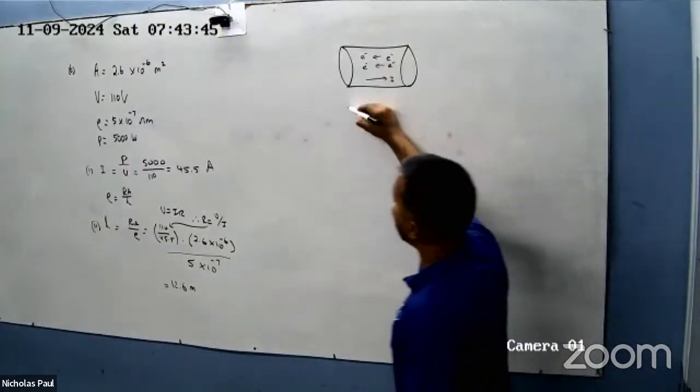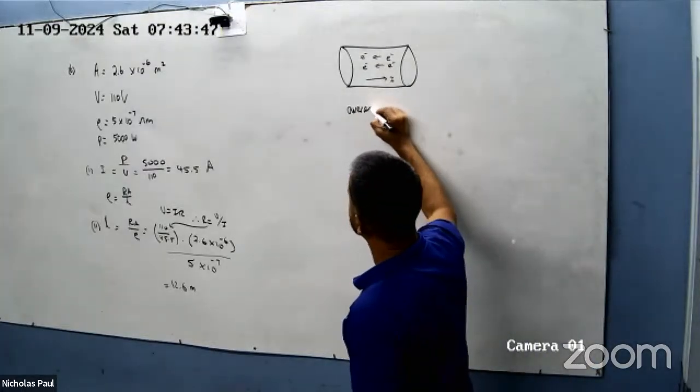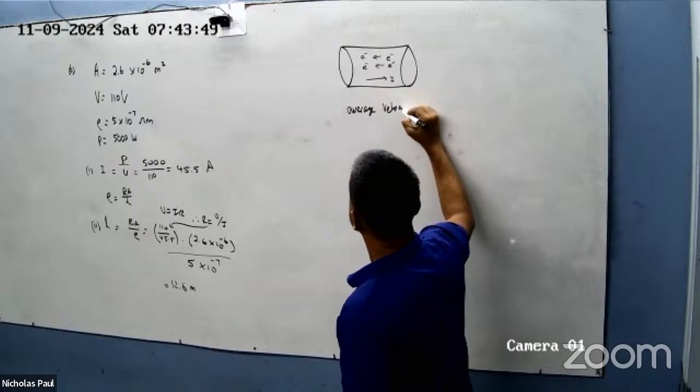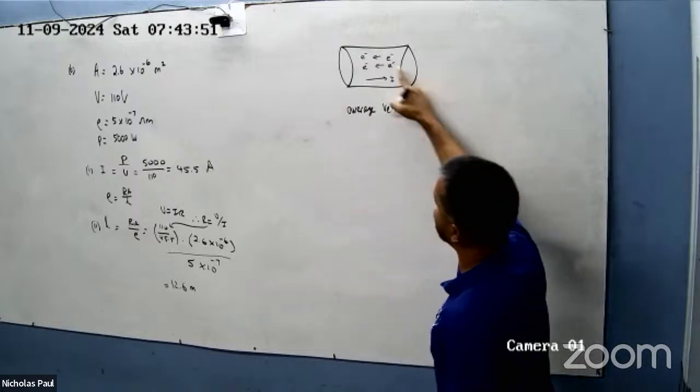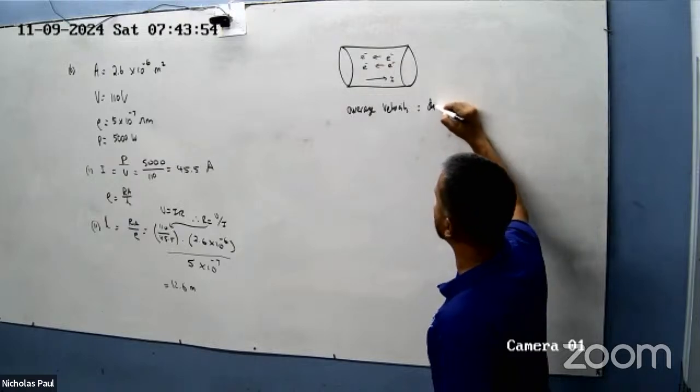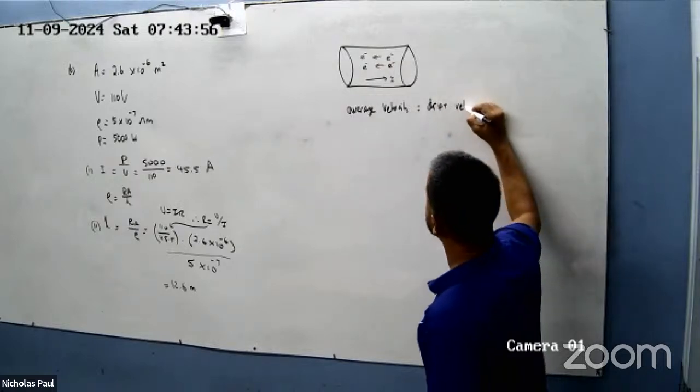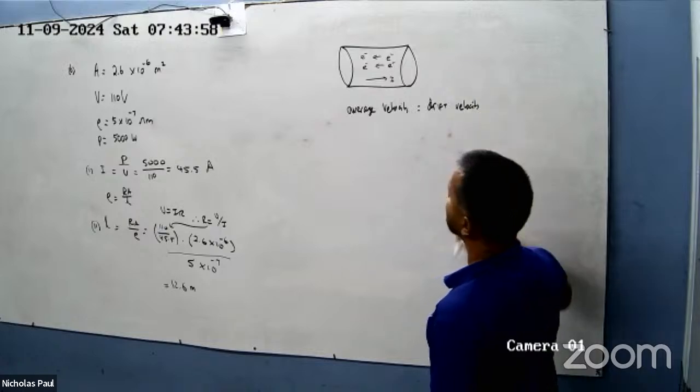And the average velocity of all the electrons is what we call the drift velocity.